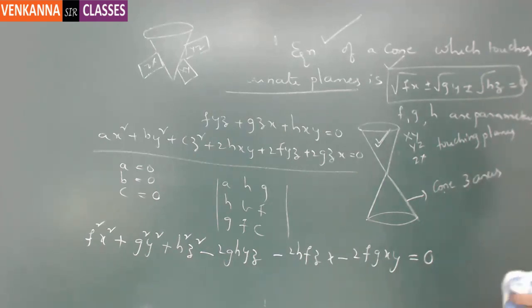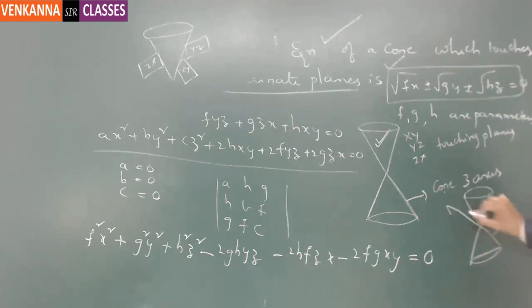Why? Because the similarity between cone and reciprocal cone is this: if the xy plane is a tangent plane for this cone, the normal of the xy plane, which is nothing but the z axis, is a generator for the reciprocal cone.